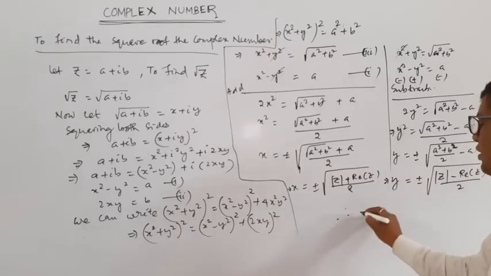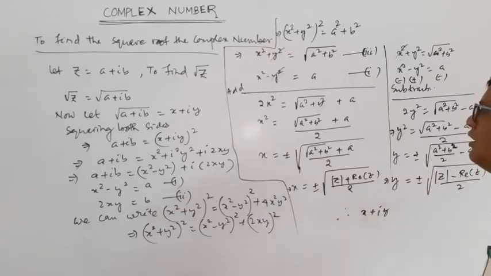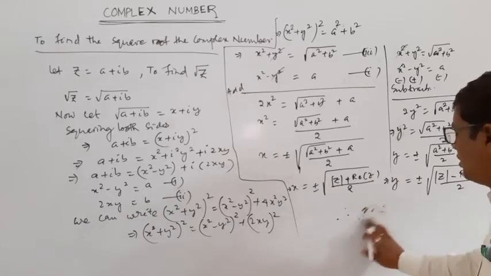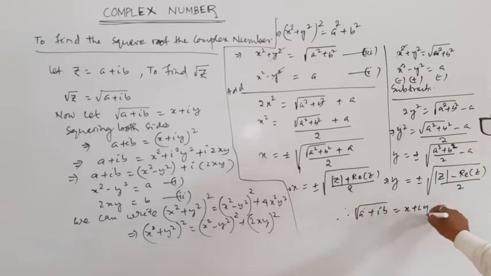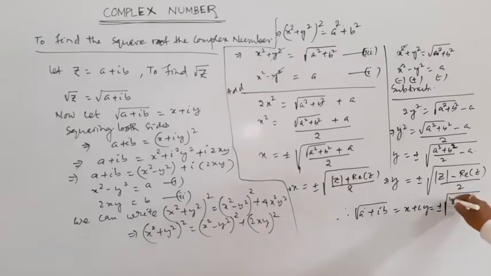Therefore x plus iy is the square root of a plus ib, that is x plus iy is equal to plus or minus square root of mod z plus real part of z by 2, plus or minus i into square root of mod z minus real part of z by 2.